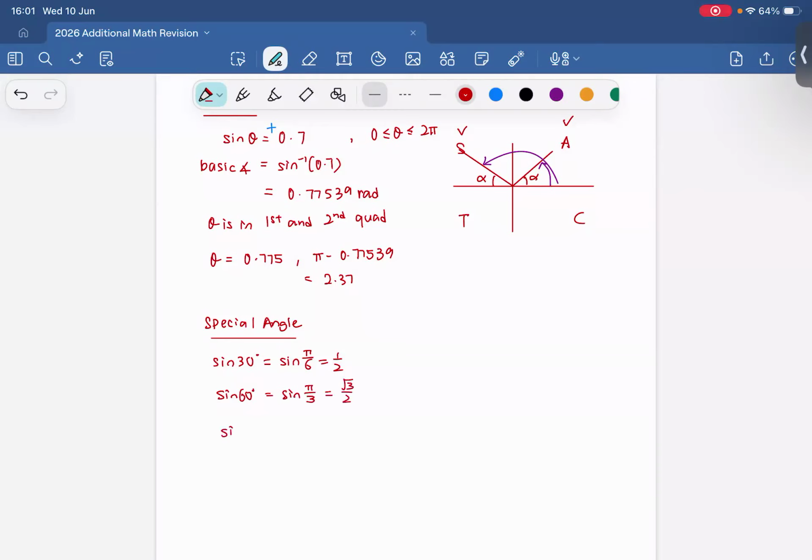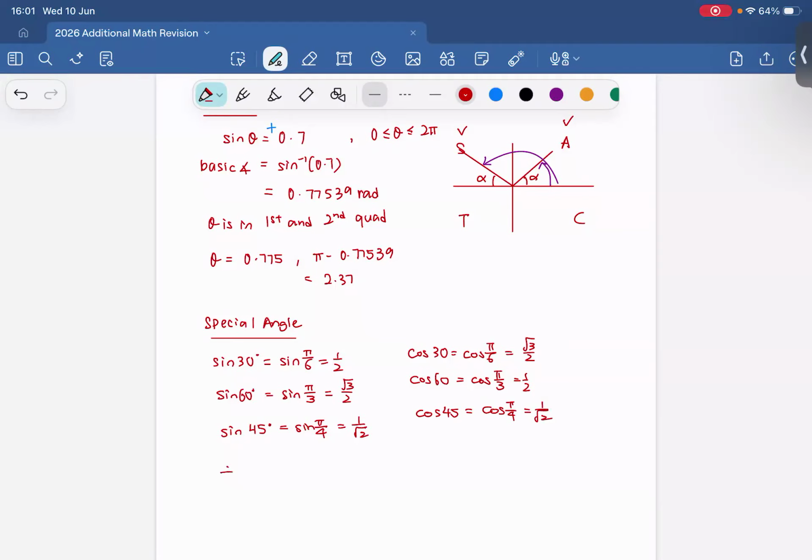Then we have sine 45, which is sine pi over 4, giving 1 over square root 2. I also have cosine 30, which is cosine pi over 6, giving square root 3 over 2. Cosine 60 equals cosine pi over 3, which is half. And then cosine 45, which is 1 over square root 2.